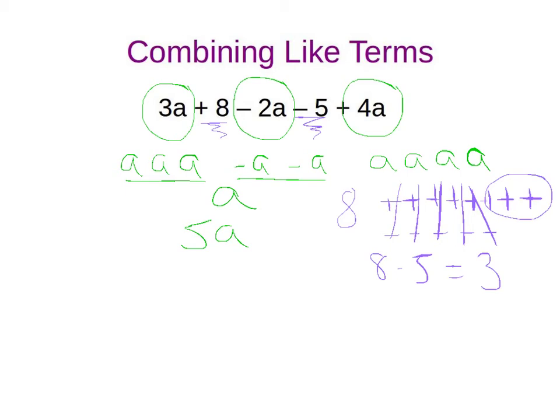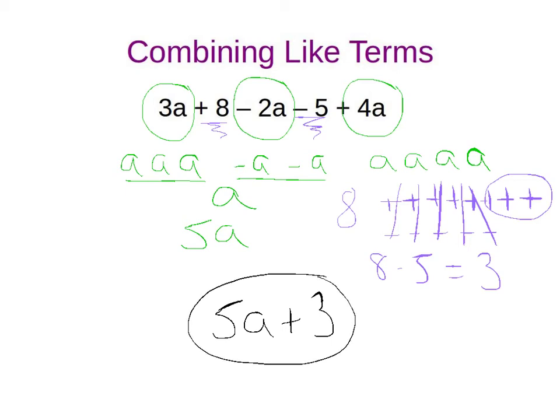I am then left with 5a and positive 3. My expression is 5a plus 3. I can't combine it any further because 5a and positive 3 are not like terms.